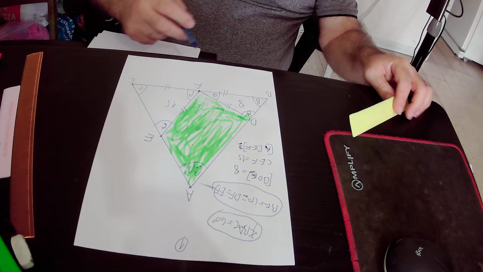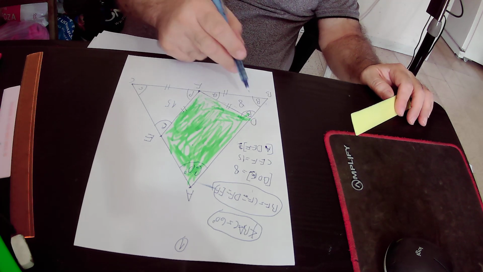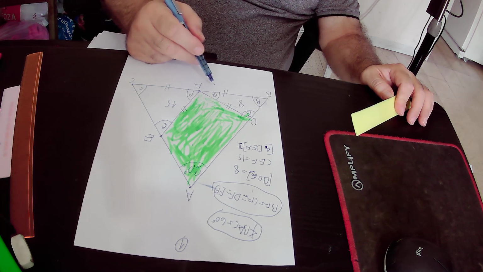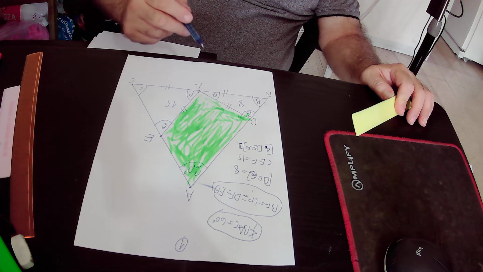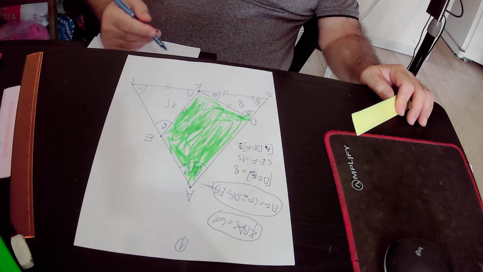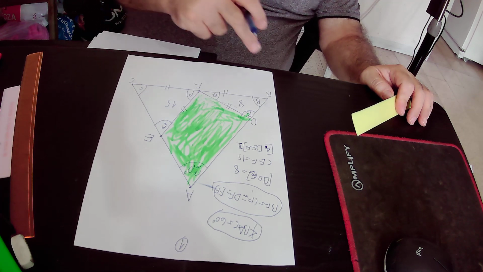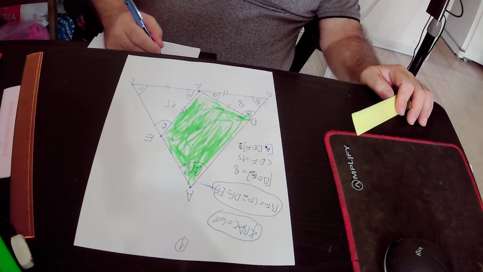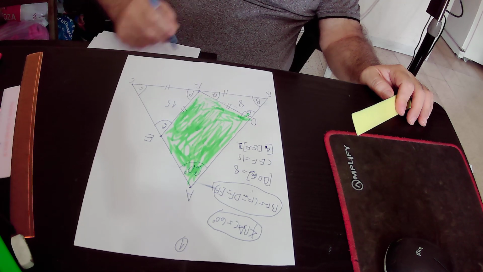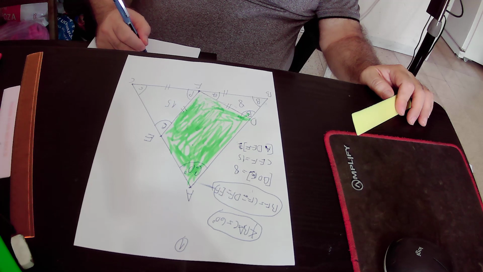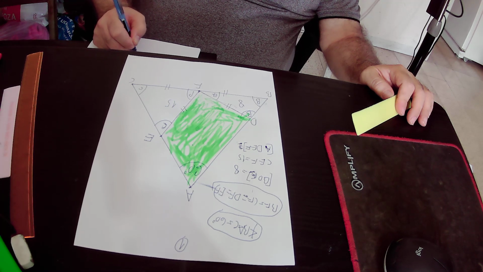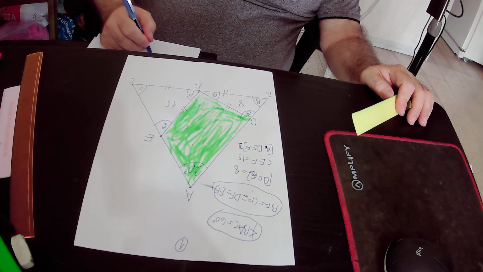That is to say, angle B plus angle B plus angle Q must be equal to 180 degrees according to rule number 1. So B plus B is 2B plus Q must be equal to 180 degrees according to rule number 1.